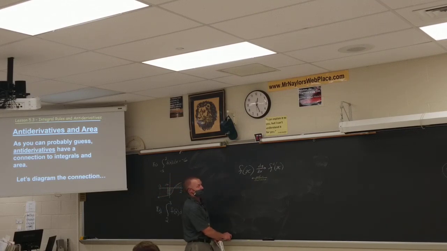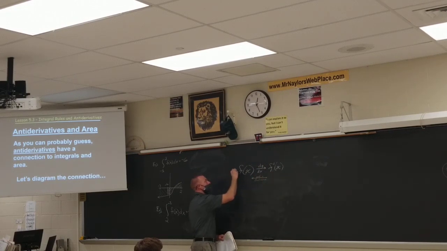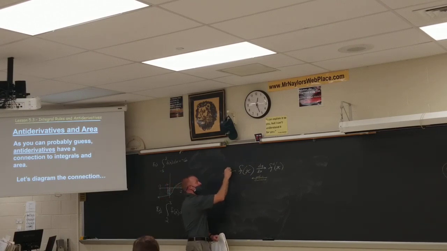So here's the new thing. An antiderivative doesn't have to be just between these two functions, kind of like a bouncing ball back and forth. I can actually go one more step backwards. I can go one more step backwards by doing an antiderivative.